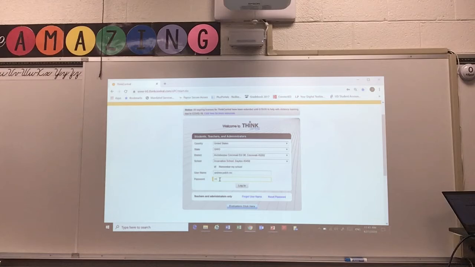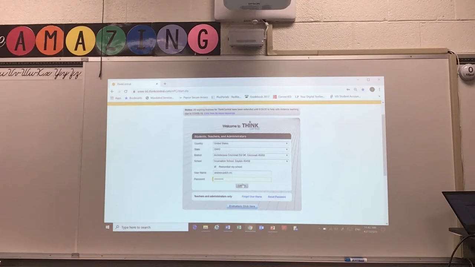The rest of his password are those numbers that you use in the cafeteria. If you're not quite sure what that number is, it's a 422 number, and it's also your password for AR quizzes. It isn't exactly the same as AR because you have to put your first and last initial with the hyphen, but once you get your first and last initial and the hyphen, the rest of your password are those numbers that are your cafeteria number or your AR quiz number.